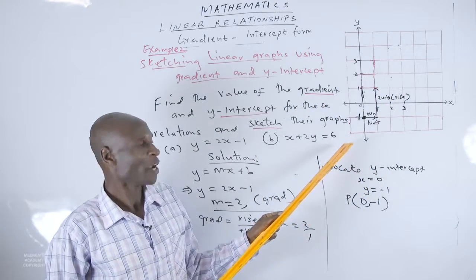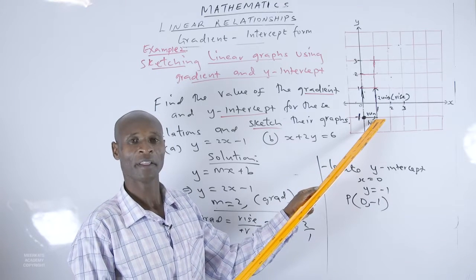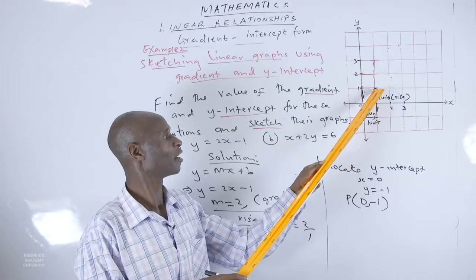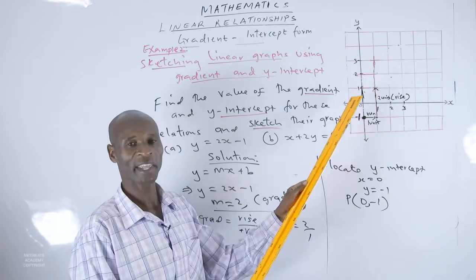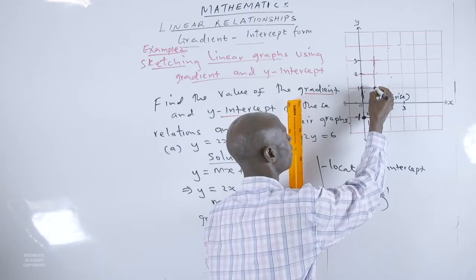So we have moved 1 unit from our y-intercept across, then upwards 2 units to represent the rise. So where we end is our second point to plot.